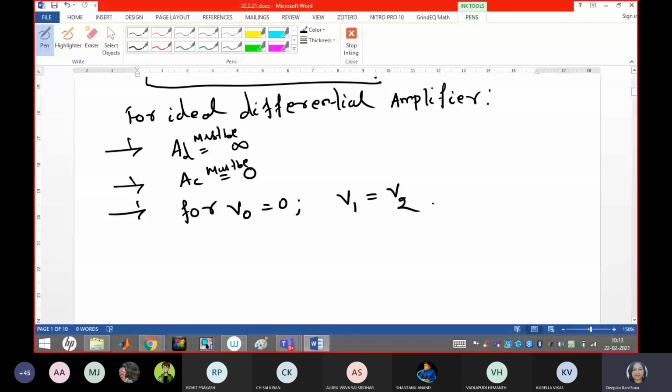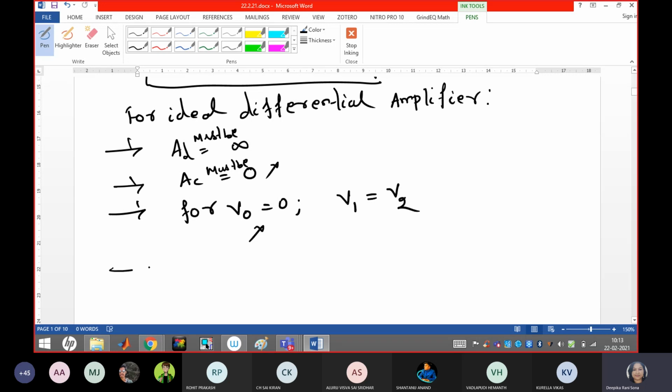So this is the theoretical or ideal case, but practically, due to mismatch in the internal circuitry, there is some output available for equal V1 and V2, and the gain AC is also practically not 0. So here we can define the CMRR. Why is V0 not 0 practically, and why is AC not 0?